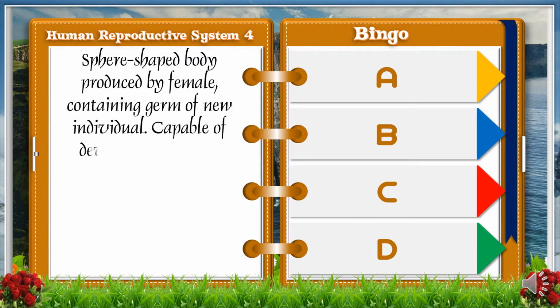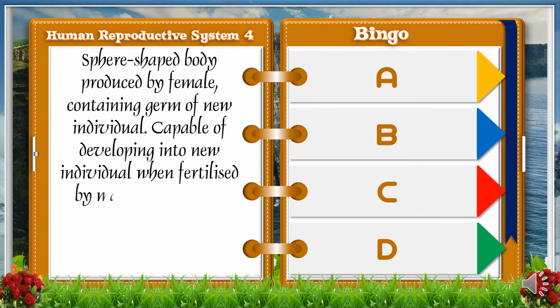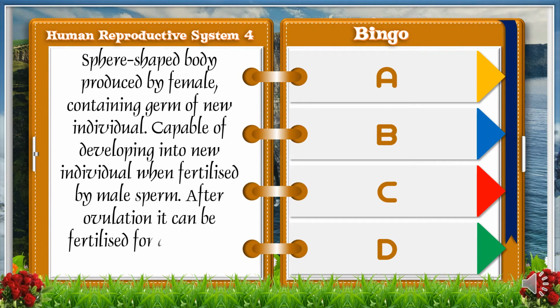Sphere-shaped body produced by female, containing germ of new individual, capable of developing into new individual when fertilized by male sperm. After ovulation, it can be fertilized for a period of about 48 hours.